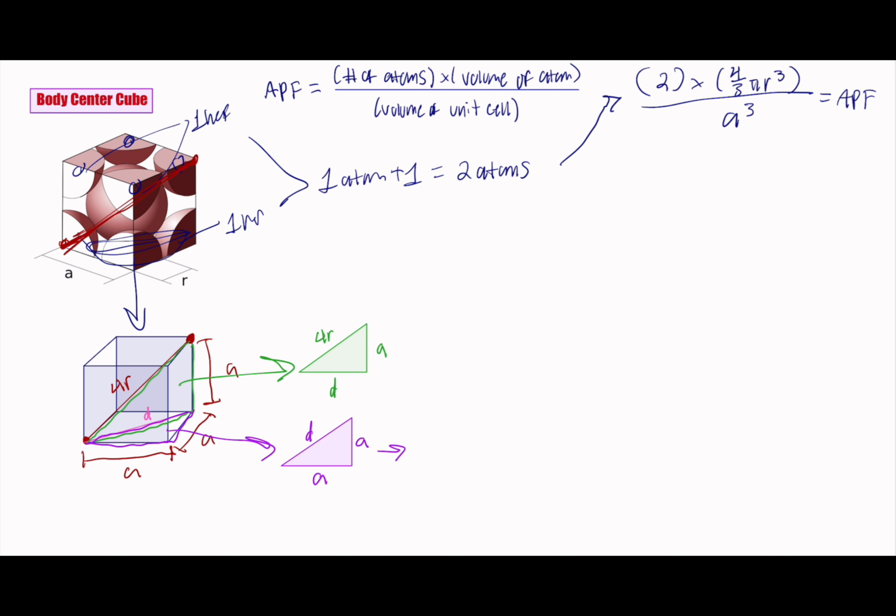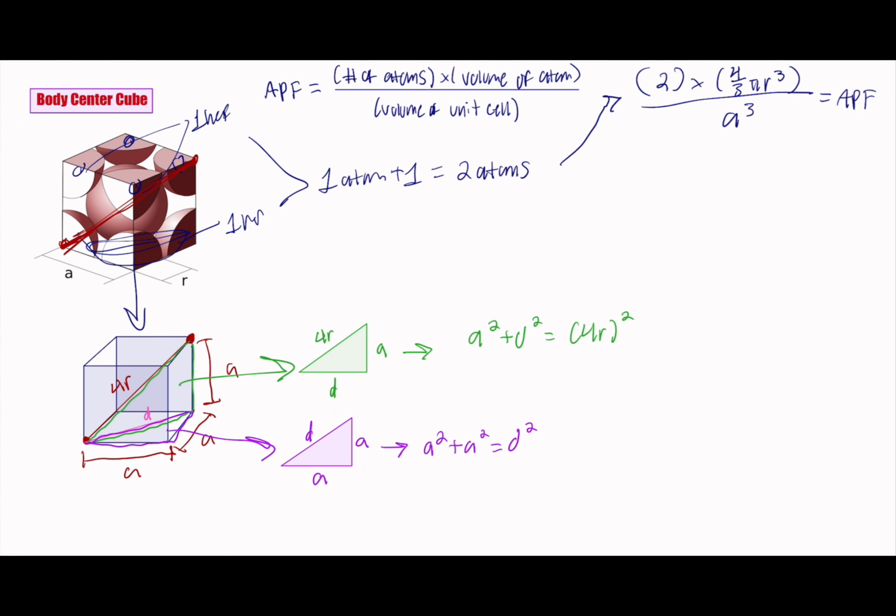From this one we get that A squared plus A squared is equal to D squared. And from the green one, we get that A squared plus D squared is equal to 4R squared.